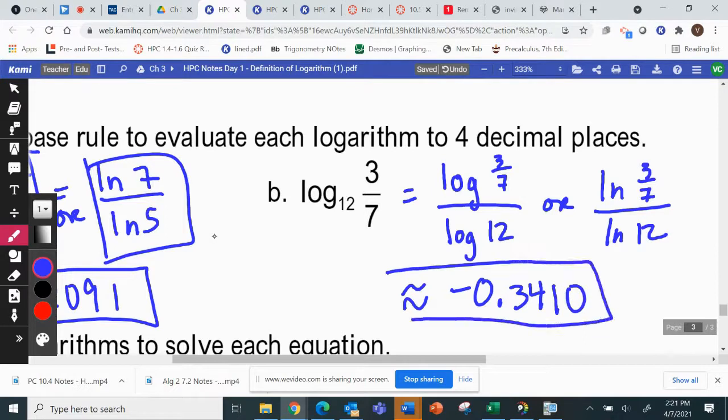And then just make sure we know how to round correctly. That's always important too. Okay?